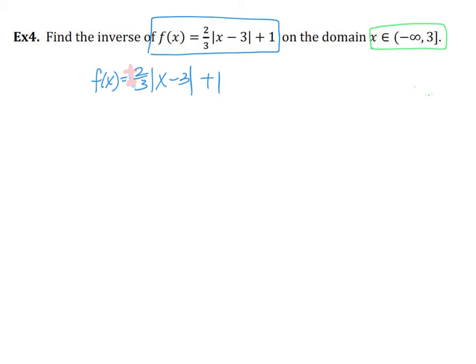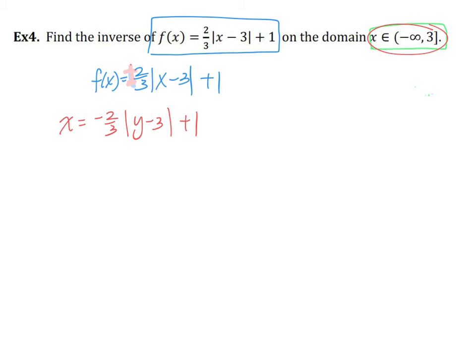So I am going to take the negative side because that would give me the domain from negative infinity to 3. So I'm going to switch my x and y, but now I have to put the negative in front of the 2/3 because I'm talking about the left-hand side. And once you do that, the rest is going to be the same.